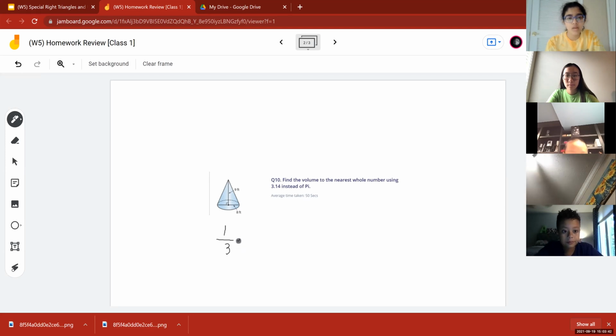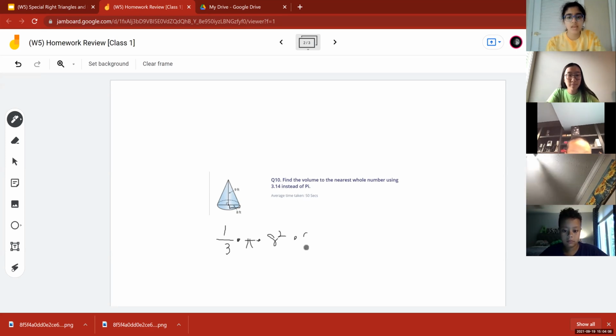The area of the base is just pi r squared, because it's a circle. We are given 8, and because it's pointing to the middle, it should probably be the radius. So we do pi times 8 squared, and then we multiply it by the height, which is 9.